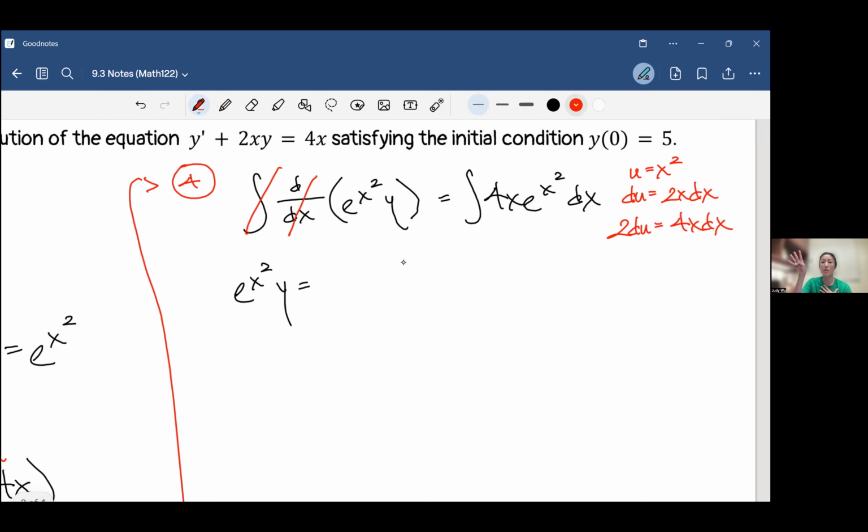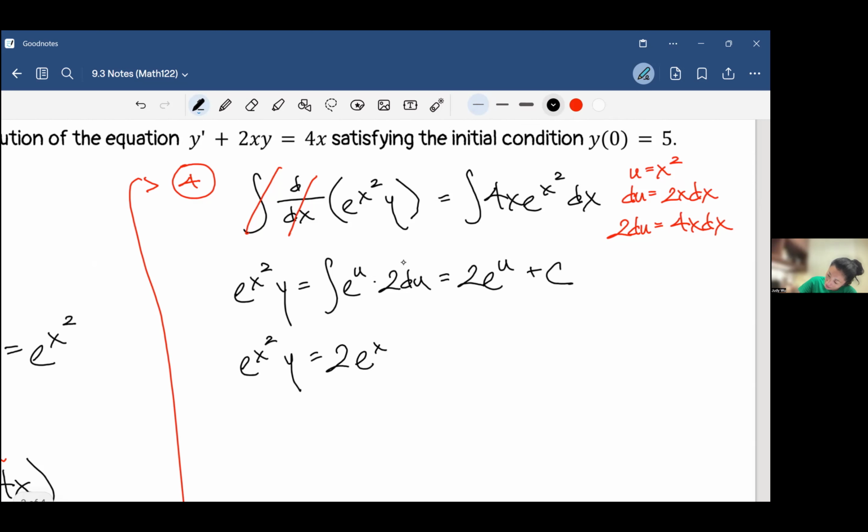I know we're usually used to dividing things over, but you can also multiply up to get what you need as well. All right, this is going to give me the integral of e to the u times 2 du on the right-hand side. So this will give me 2e to the u plus c. And if we plug back in our u, we got 2e to the x squared plus c.